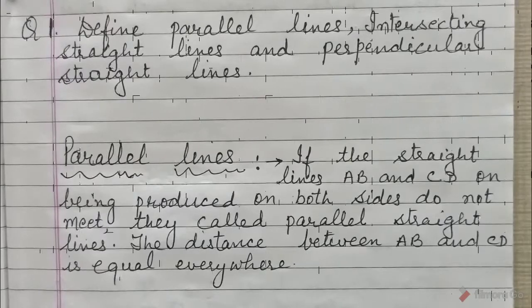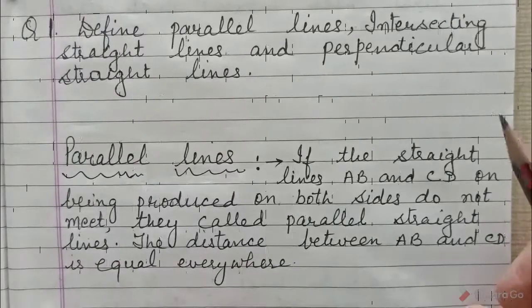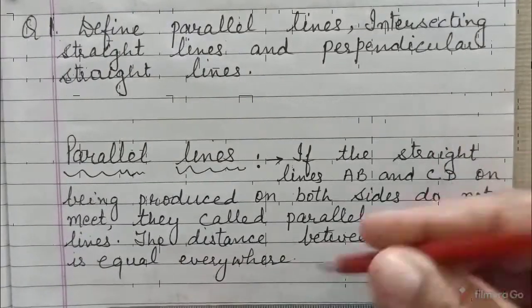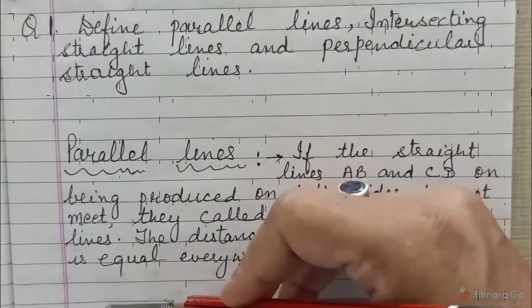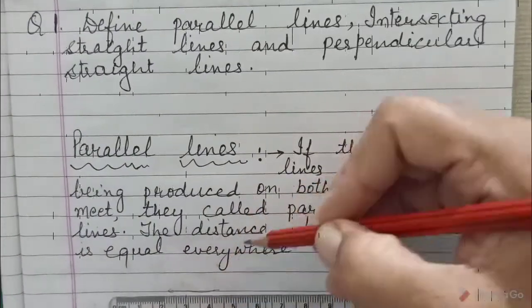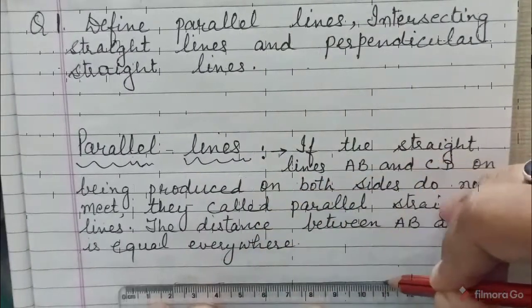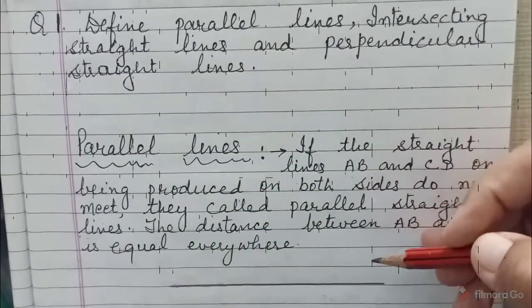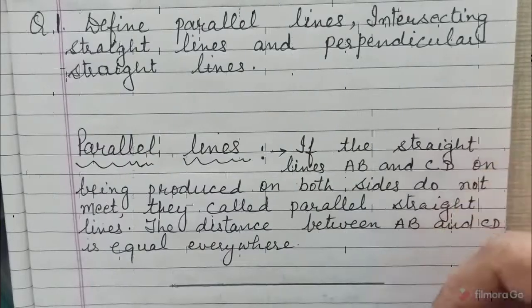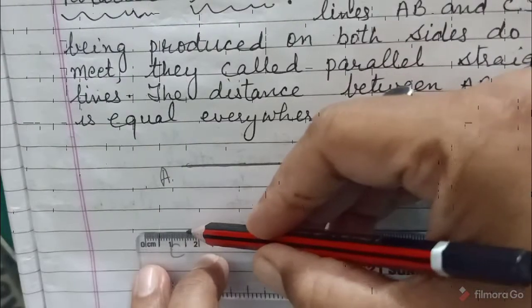Now we can draw the lines. Here is line AB, we can draw it. Name this line. Draw another line CD.